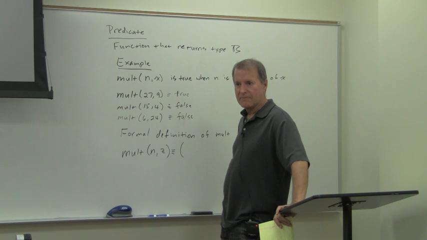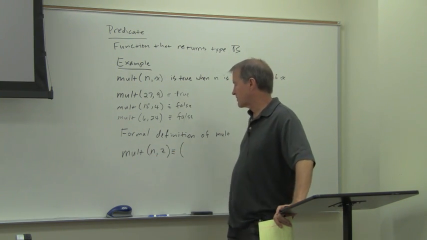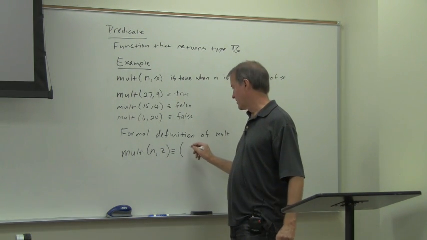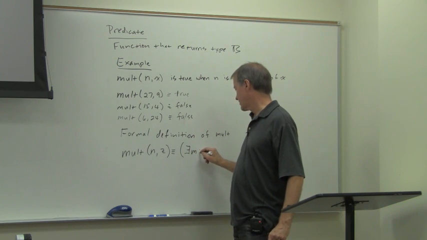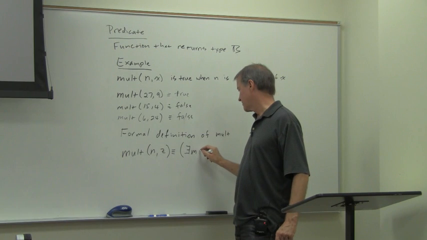Exists. What exists? There exists another number, let's say there exists an m. Let's annotate it with a type. What does m have to be?